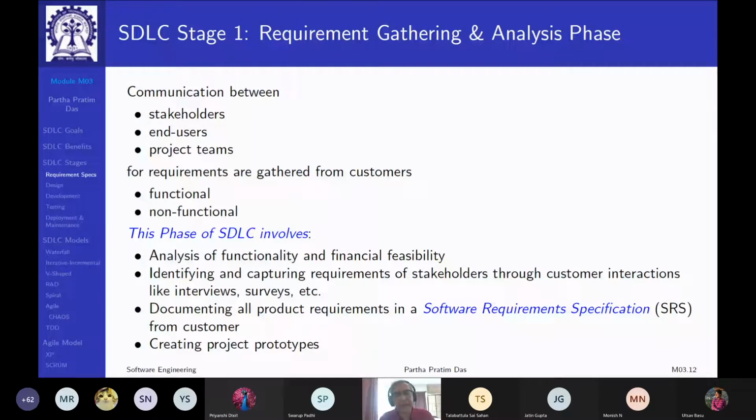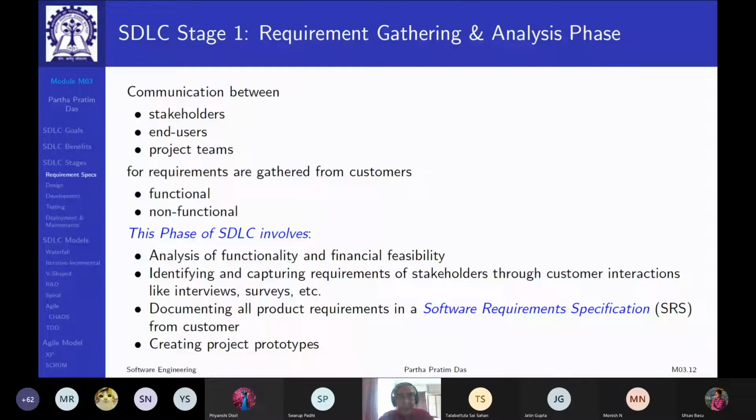So the customer will think that developers will know everything. Everybody will know everything. But that's not the truth. So if the customer gives you a requirement, the requirements will often be broken, incomplete, inconsistent, and so on. And you have to regularly interact with the customer, do interviews, do surveys to find out what the requirements actually are.